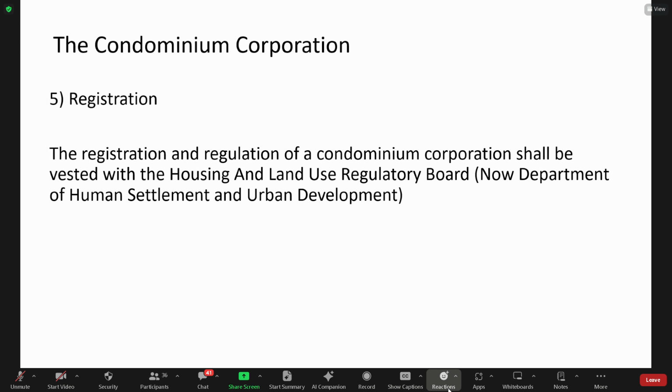Pag condo corporation, ang nagre-regulate niyan, DHSUD. Yung dating HLURB. Kasi baka lang sumagi sa isip niyo na condo corp, di corporation, di dapat SEC. Diba? Hindi. Okay? DHSUD.